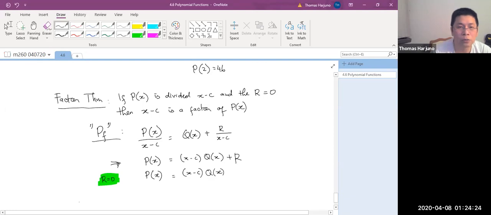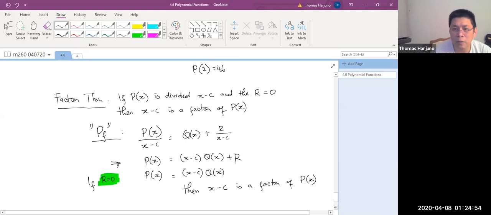If r equals 0. Now from this expression here, we can see that x minus c is a factor of P(x). No remainder, right? So x minus c times something gives us P(x).